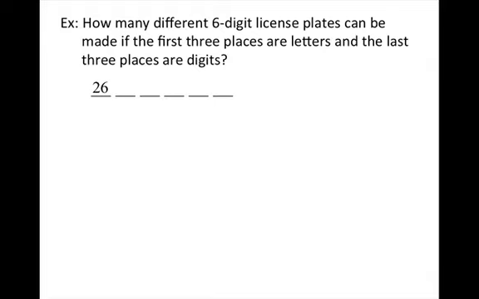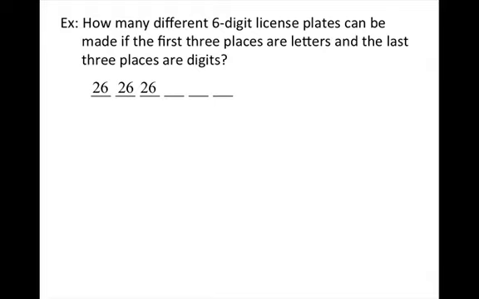For the second letter, I wasn't given any restrictions. Like I wasn't told that letters can't repeat, or I can't use a vowel, or I can't use the letter Q. So for my second letter, I still have 26 options. Same for my third. For my third letter, I have 26 options. Now the last three positions have to be digits.